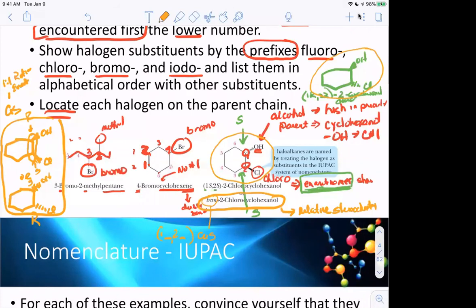So notice I have parentheses around that piece. So if there's more than one stereocenter, I need the location of the carbon that I'm referring to, and you put those in numerical order. And then I also need the configuration, which is S or R, as a sign for the particular stereoisomer that I'm referring to.